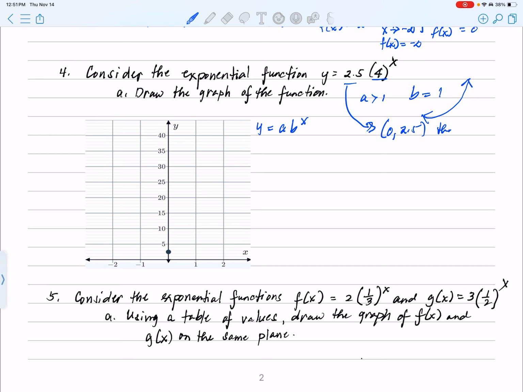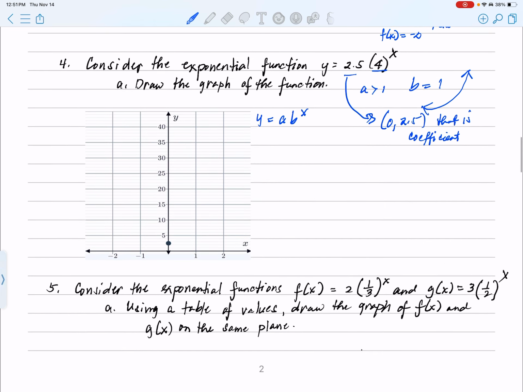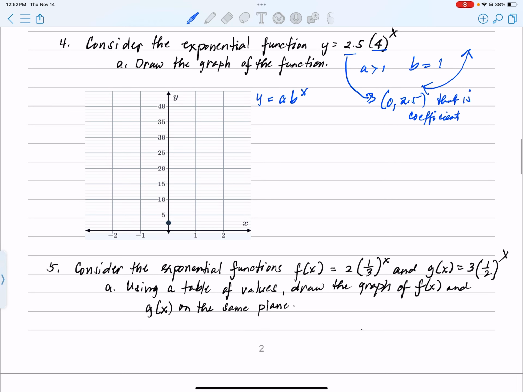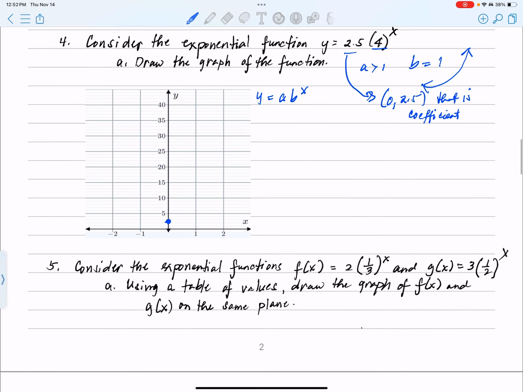Since that is the a, this is the point where the coefficient is located in the graph. So we have here the initial point, where (0, 2.5) is located. Now we know that the constant factor is 4.